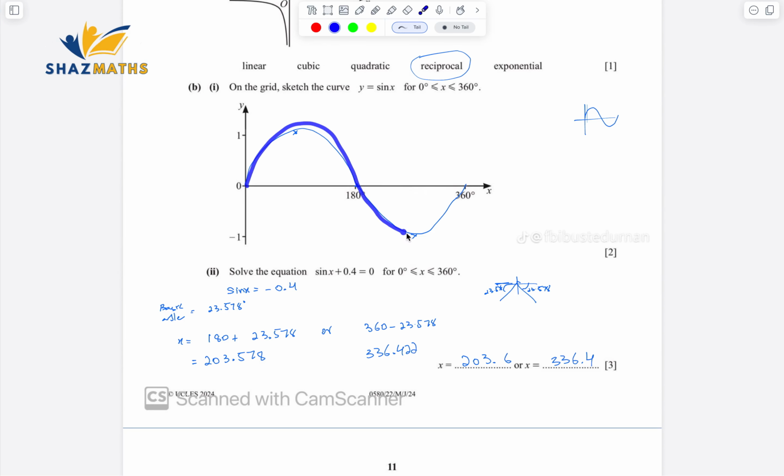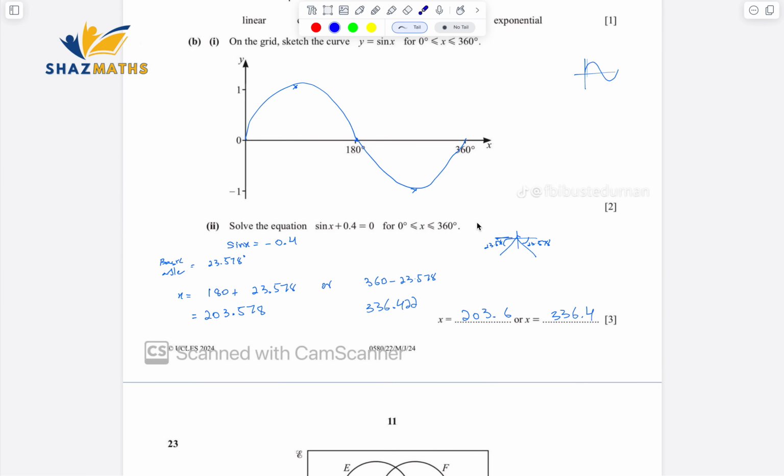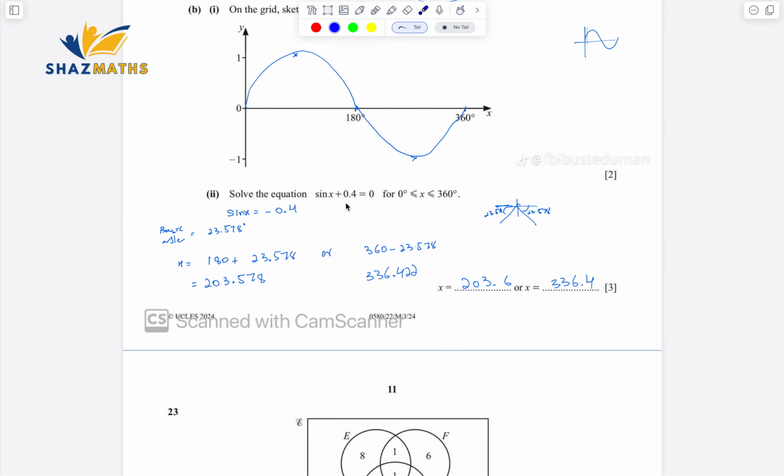Solve the equation. This equals 0. So sine of x equals negative 0.4. Make sure the mode of the calculator is in degrees. I'm going to draw the basic angle quickly. Sine is negative, so add sugar 2, that means the third quadrant and the fourth quadrant. I'm going to mark the basic angle. So sine inverse of 0.4 is 23.578. So this is 23.578 and this is 23.578.